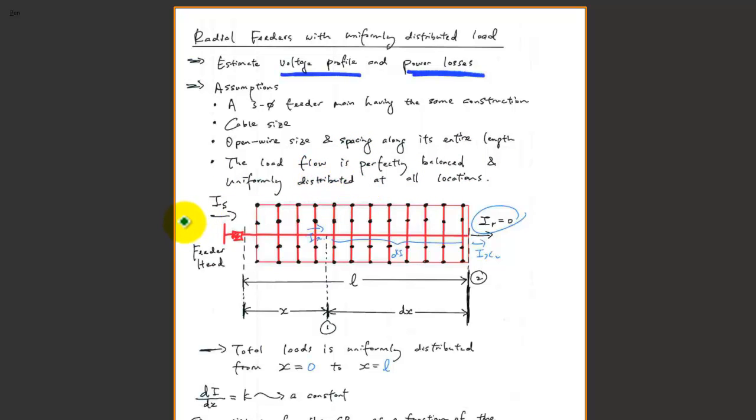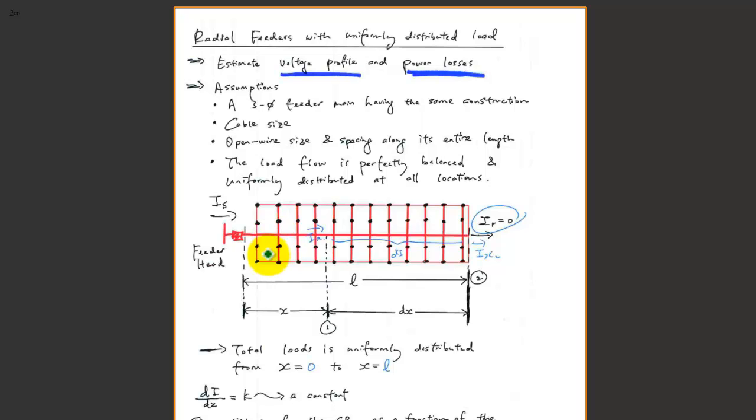You have the current flowing from the substation, I sub s, flowing from where the x value is equal to 0, because you start at this point, all the way to the end of the feeder, where the x value will be equal to the total length of the feeder. Recall from calculus, the current flow through every small part of this will be the incremental change of current with respect to distance, right?